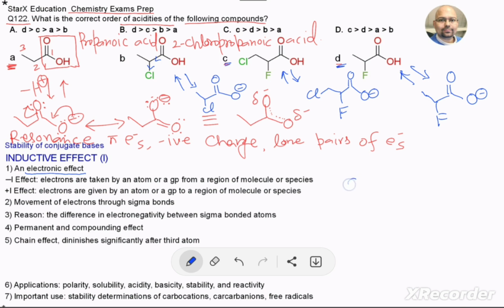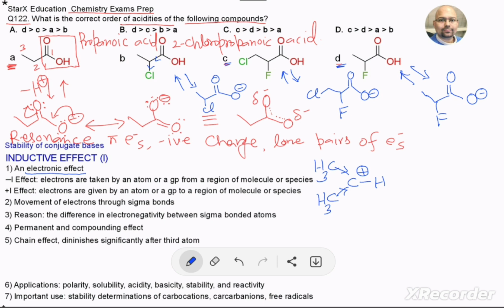So if you have a secondary carbocation, carbocations are sp2 hybridized, so the geometry is planar. This carbon that has the positive charge is more electronegative than these CH3 carbons, because the CH3 carbons are sp3 hybridized.